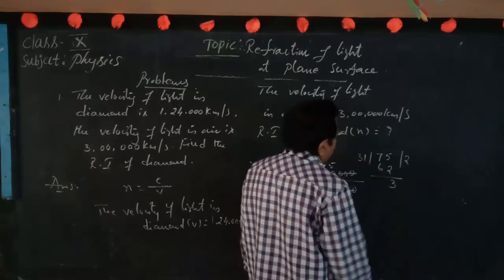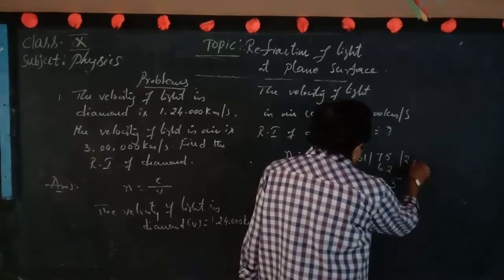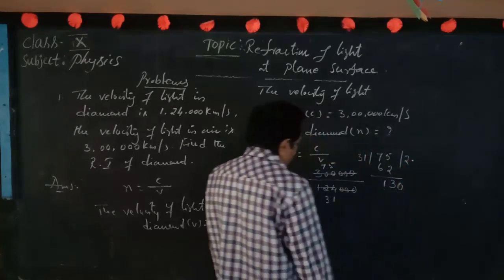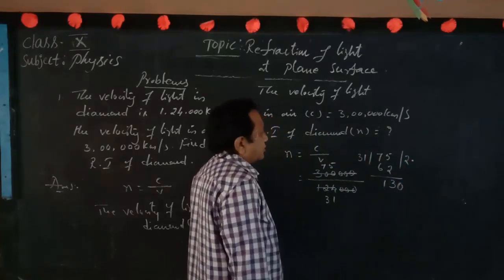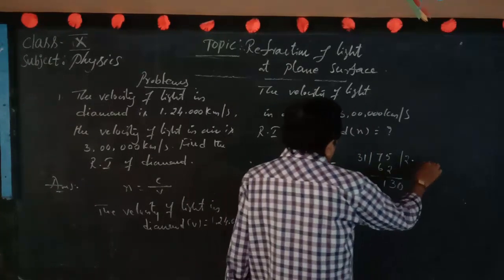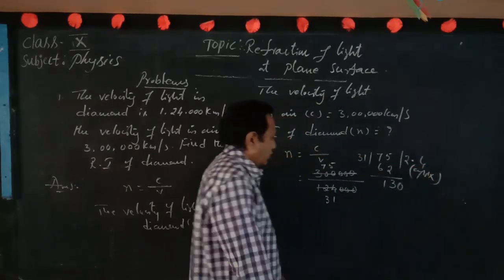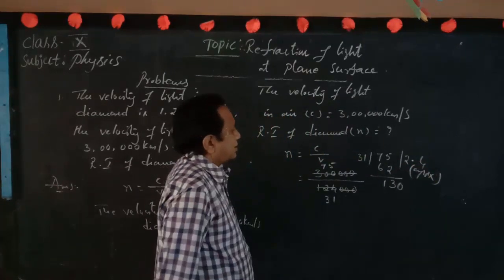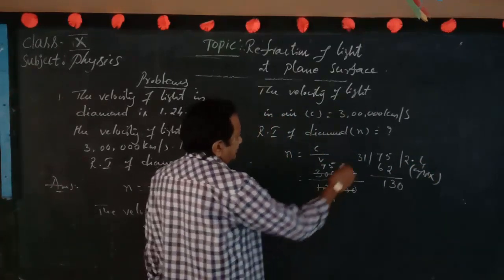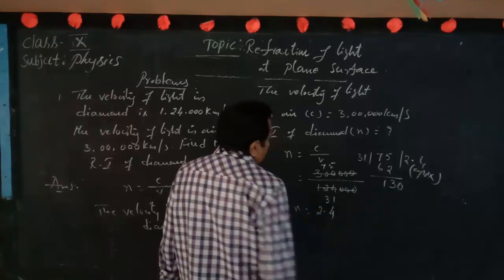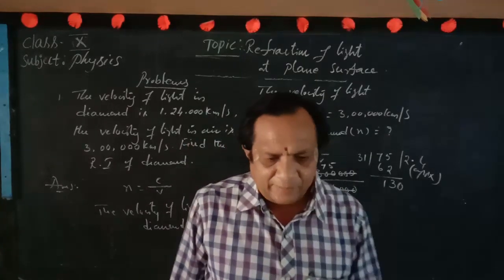So 3, 1. Keep the point here and place 0. Now approximately it goes 4 times. Approximately consider it as 4 times. Now, what is the value you get? 2.4. Refractive index is equal to 2.4 in diamond.